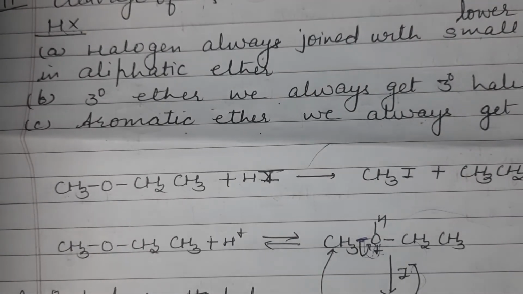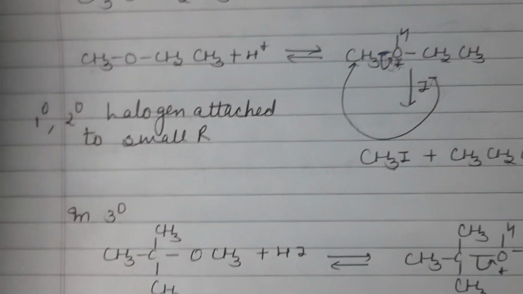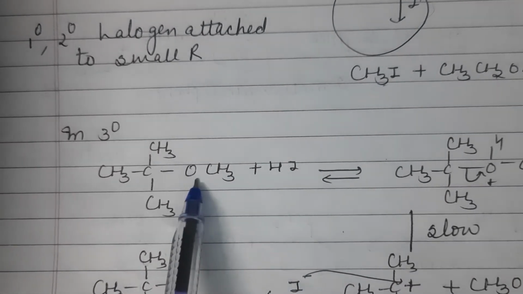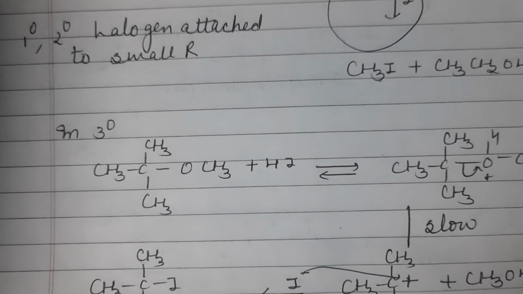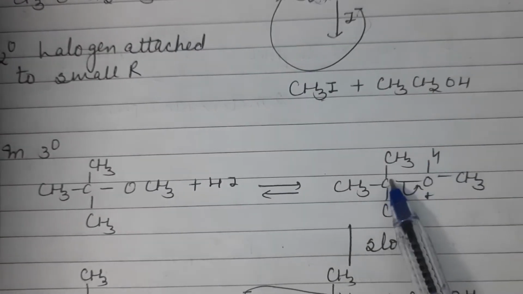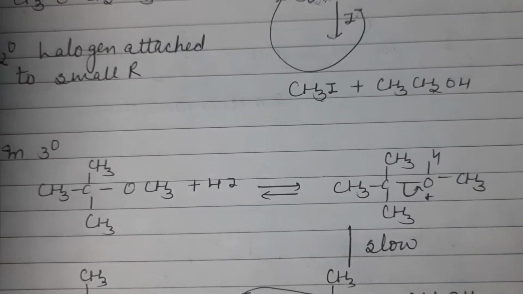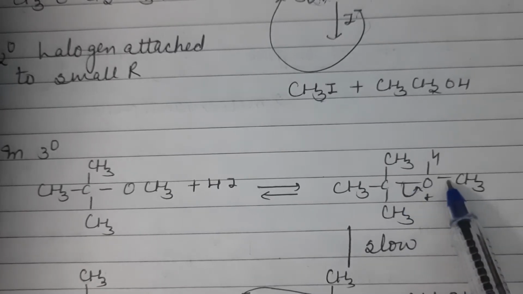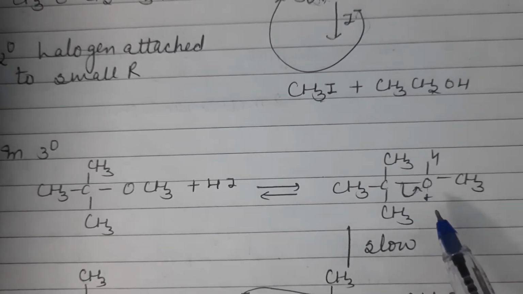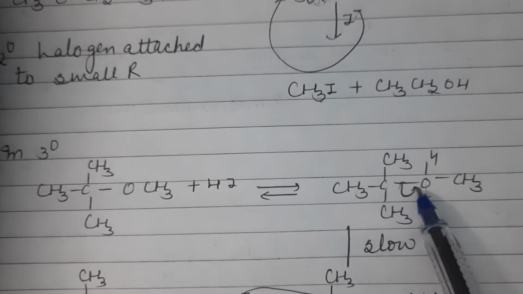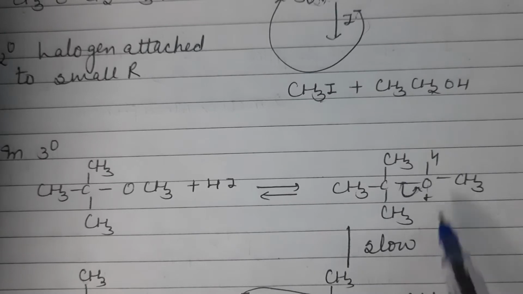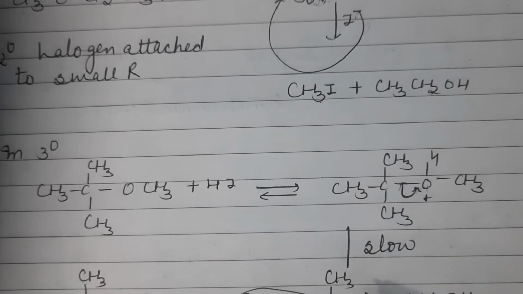But when we study the reaction of tertiary ether, always remember that first it forms protonated ether. Then due to steric hindrance this bond gets cleaved. There are 2 chances: this bond may shift over oxygen, or this bond may shift over oxygen. When this bond shifts over oxygen to release methyl alcohol, then a tertiary cation is formed.